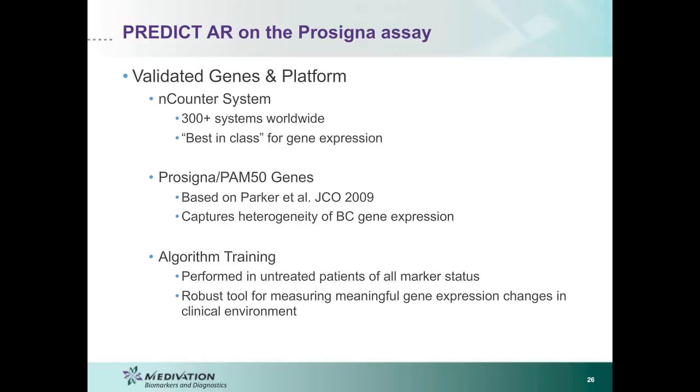It was based on a paper in the Journal of Clinical Oncology in 2009, and the model captures the heterogeneity of breast cancer gene expression in producing the prognostic outcome. So it's not simply trained directly on the outcome without knowledge of the underlying biological heterogeneity.